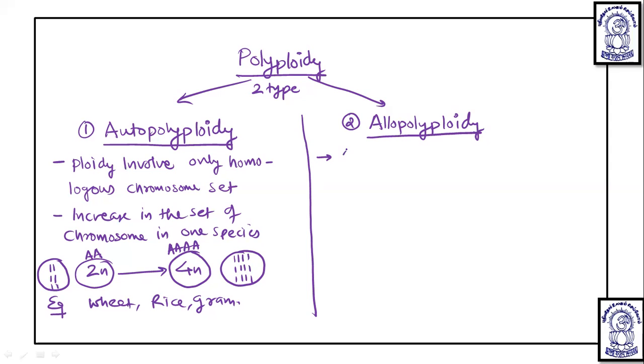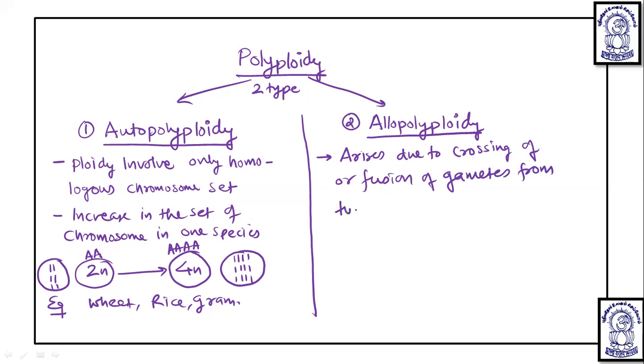So this arises due to crossing of or fusion of gametes from two different species, then it is known as allopolyploid.